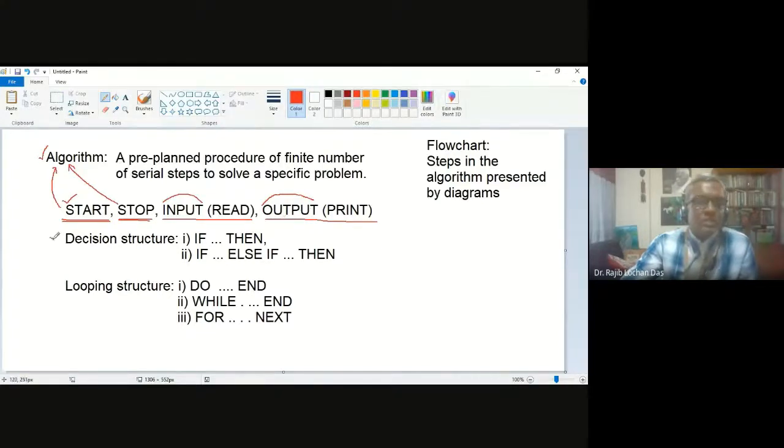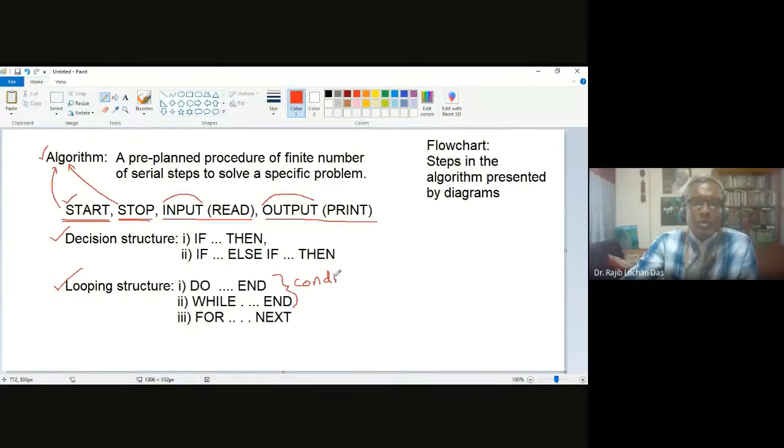So what about decision? You are taking a decision. That means if this, then do this. If not, then do another thing. So that is the decision. And looping structure means the same action will be repeated. So if you think about do and while, it is the conditional loop. That means based on the condition, repetition will be done.